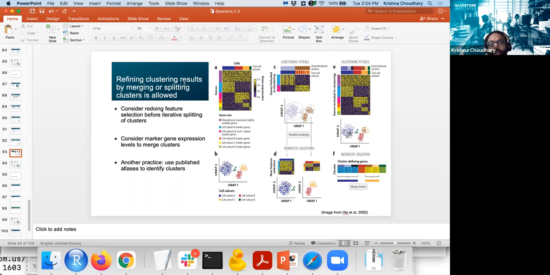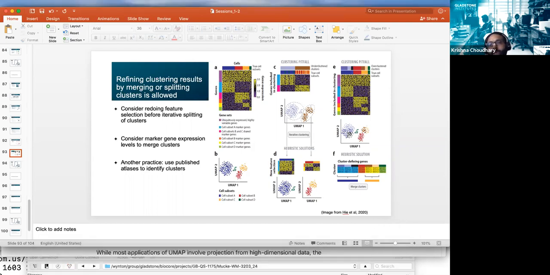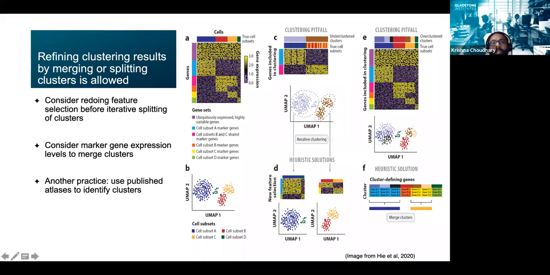So after you have done clustering, it may so end up that, using Louvain or Leiden or whatever else, you end up under clustering or over clustering. You can tune the resolution parameter to control that, but you may identify some clusters which, after you have done some analysis and maybe even written a paper and your reviewers' comments come back, the reviewer points to a cluster and says that it seems like that cluster could be broken up into 2 different clusters, and you want to do further analysis.